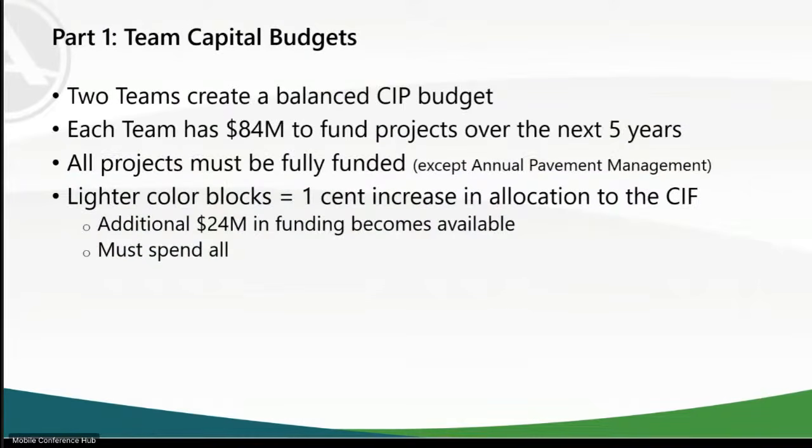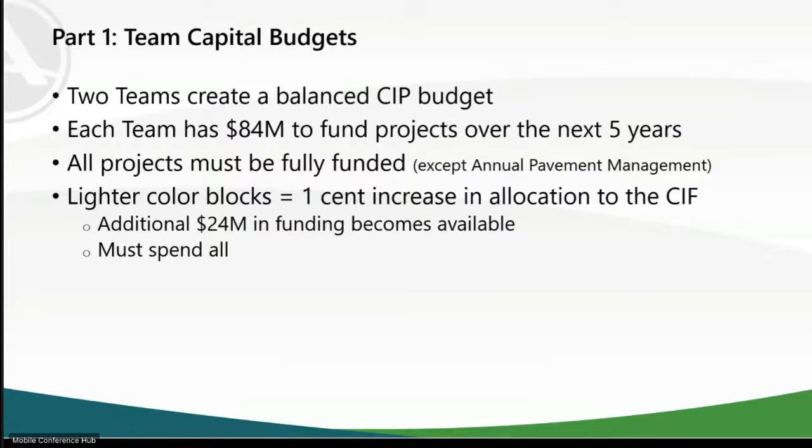We're going to have 2 teams, and both teams are going to create their own capital budget. We have blocks to spend money. So this is what we have available, current steady state as we are right now. And the lighter money is if you choose to make different funding sources with the capital investment fund.